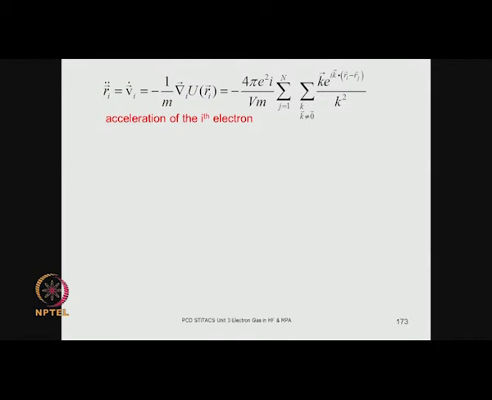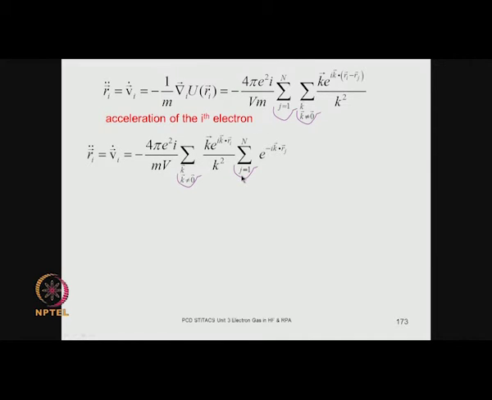So, this is our expression for the acceleration of the ith electron. You have got sum over j. We are now admitting j equal to i, it does not matter, and I have simply rewritten these terms.